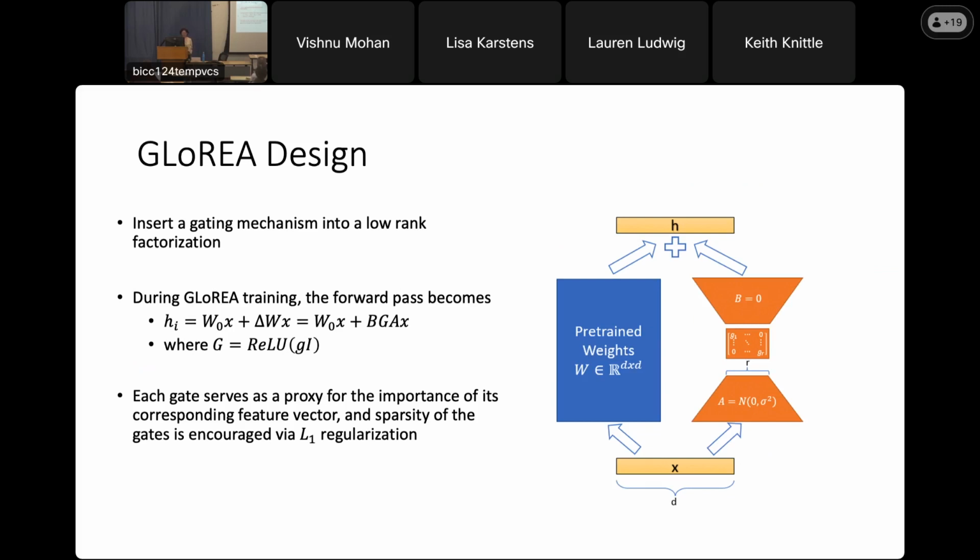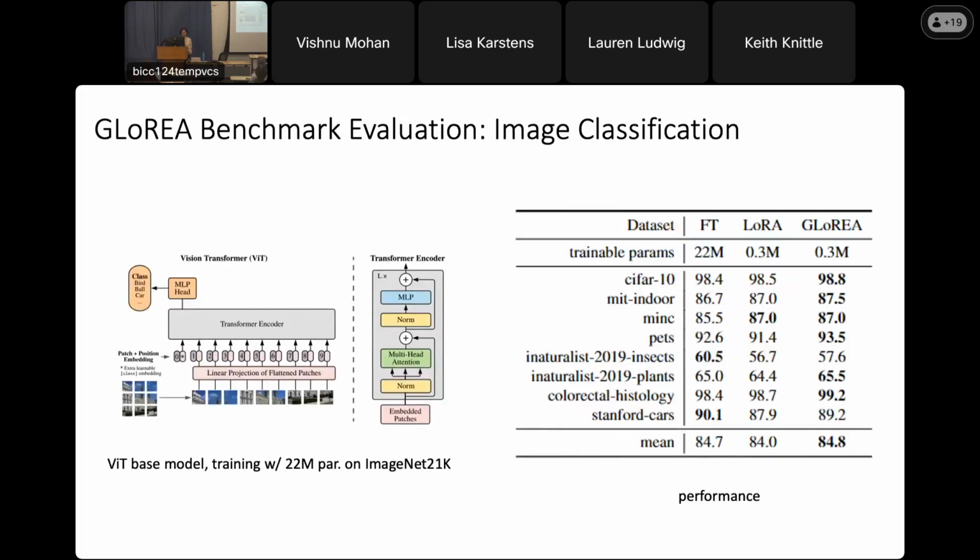And so we compared three mechanisms. One is full tuning, tuning all 1 million weights for this layer, or LoRA fine-tuning, or Gloria fine-tuning. And we applied this to both image classification and image segmentation problems.